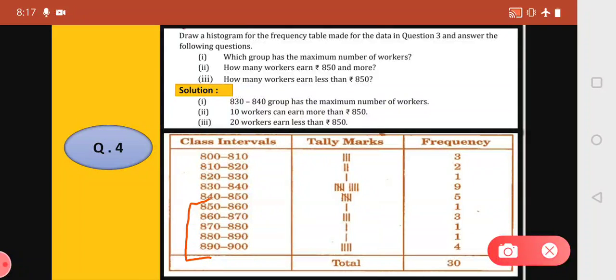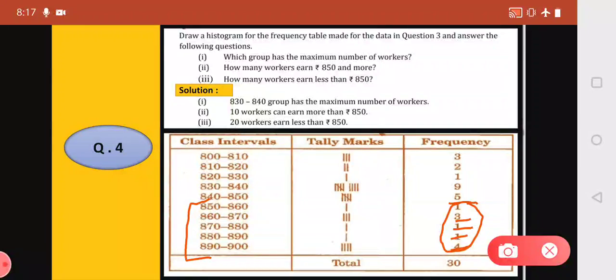So we have to add all these frequencies and take the total. Yes, that is 1 plus 3, 4, 4 plus 1, 5, 5 plus 1, 6, and 6 plus 4, 10. So there are 10 workers who earn rupees 850 and more.